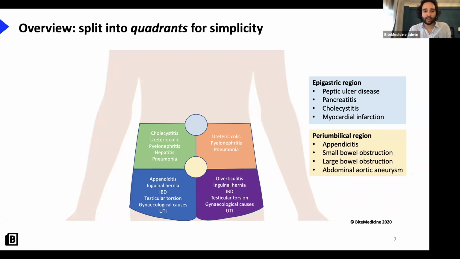It's all going to be case-based. I think we've got 10 cases in total, and I'm trying out some new features in our webinars as well, so keep an eye out for those. Like I said, we're going to split into quadrants: right upper quadrant, left upper quadrant, right lower quadrant, left lower quadrant, and then epigastric and periumbilical pain as well. Those are the key areas we're going to be looking at today.